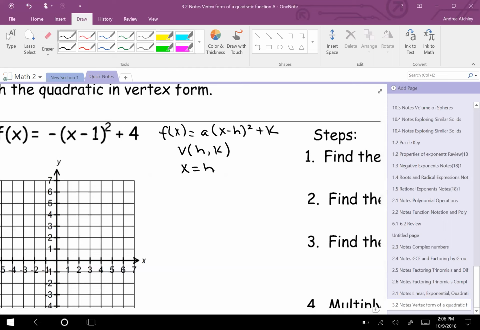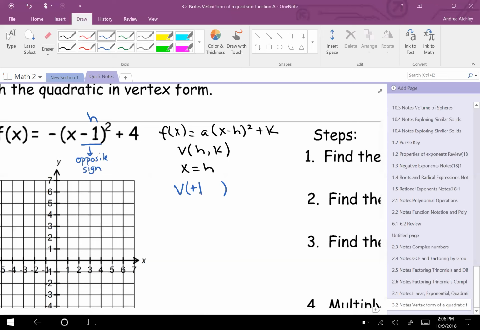So when we're finding that vertex, the h value is here. This is your h. But it's inside the parentheses, so it's the opposite sign. This is a positive 1. Because this is not going to shift to the left. This is going to shift to the right 1.